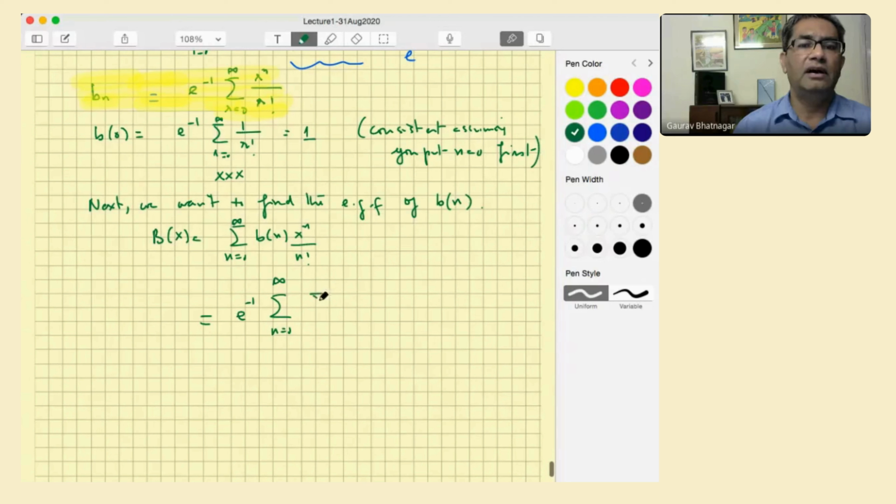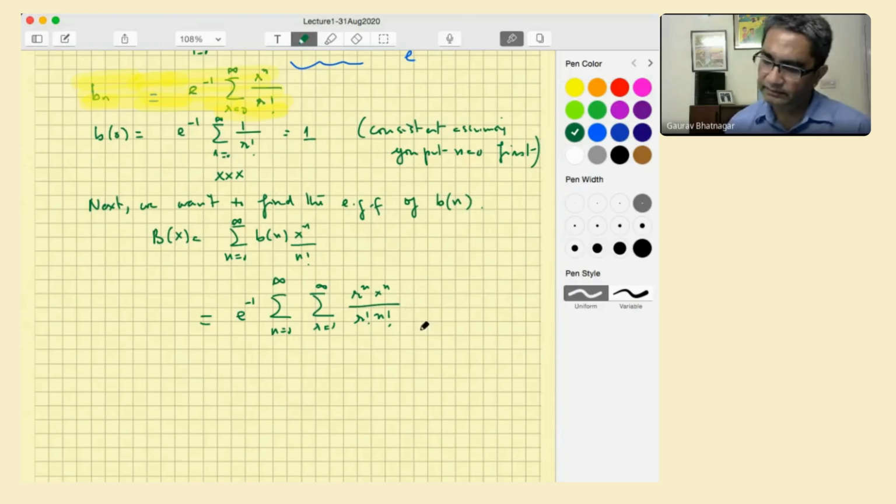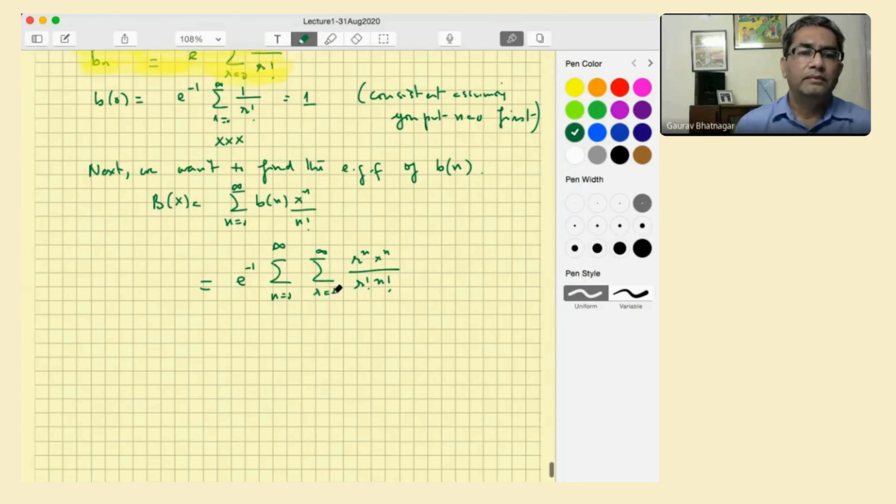So there is an r going from 0 to infinity, and so there is r raised to n, x raised to n over r factorial, right? It's all right so far? So far, so good?